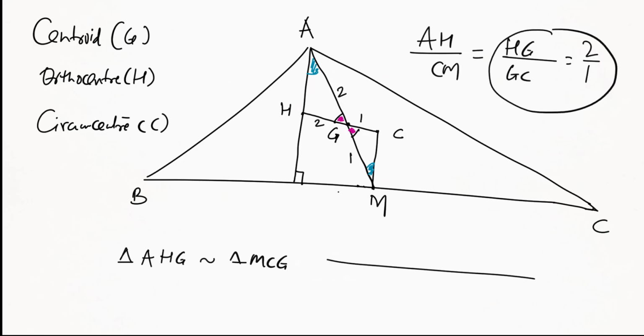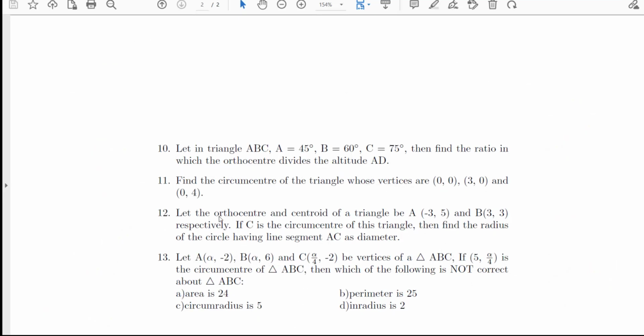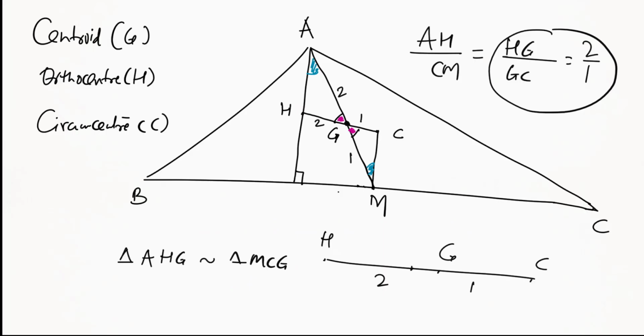When three points are given, H, G and C, this will be 2:1. So let's try to solve using this concept. Let the orthocenter and centroid of a triangle be given, A and B. If C is the circumcenter of this triangle, find the radius of the circle having line segment AC as diameter. Points are given.